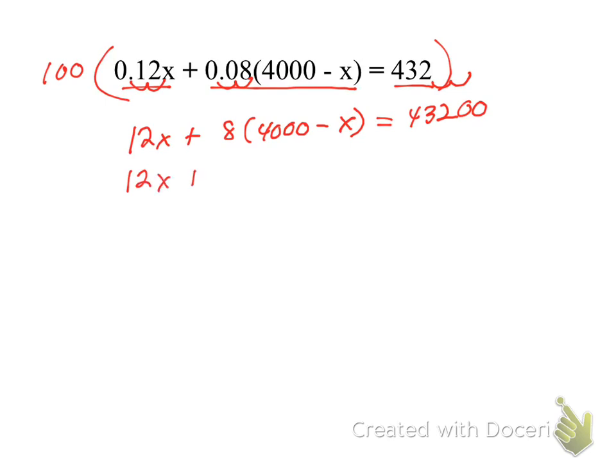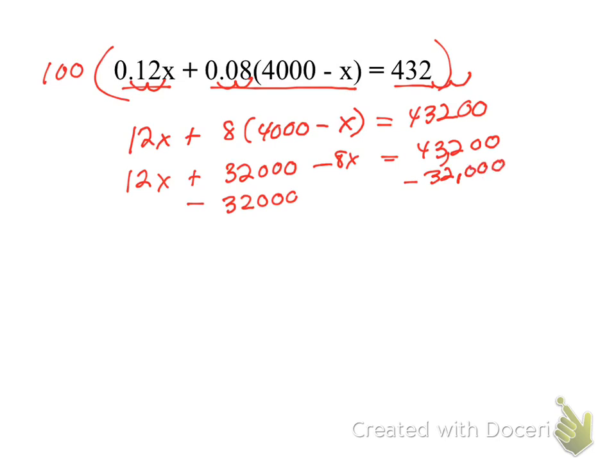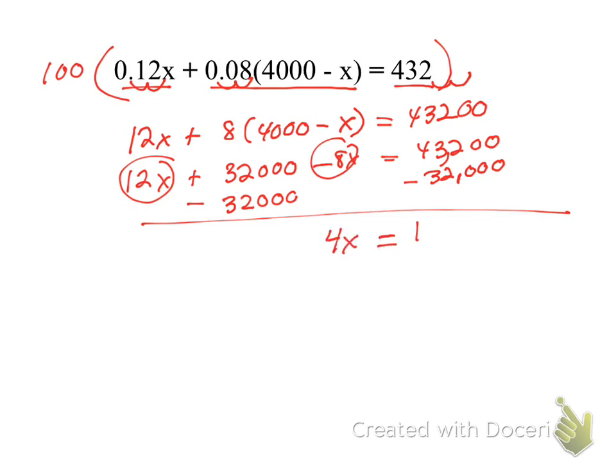So I distribute: 32,000 minus 8x. Then these two combine to 4x equals 11,200. Divide by 4, and x is equal to 2,800.